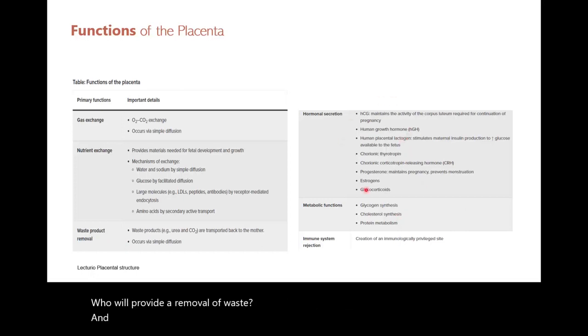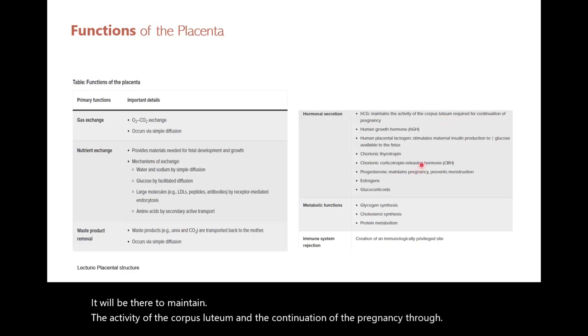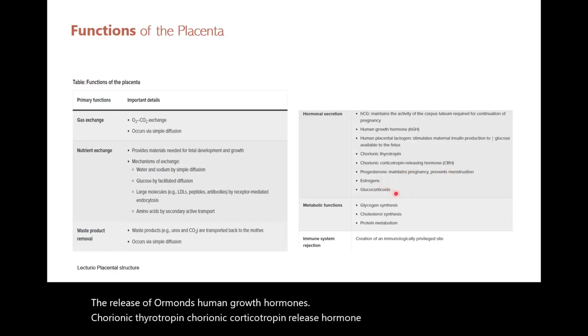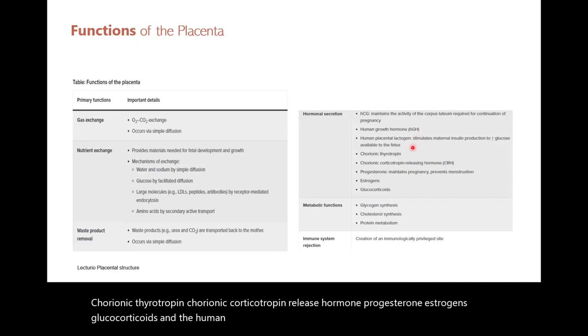And the most important one, it will be there to maintain the activity of the corpus luteum and the continuation of the pregnancy through the release of hormones: human growth hormone, chorionic thyrotropin, chorionic corticotropin-releasing hormone, progesterone, estrogens, glucocorticoids, and the human placental lactogen.